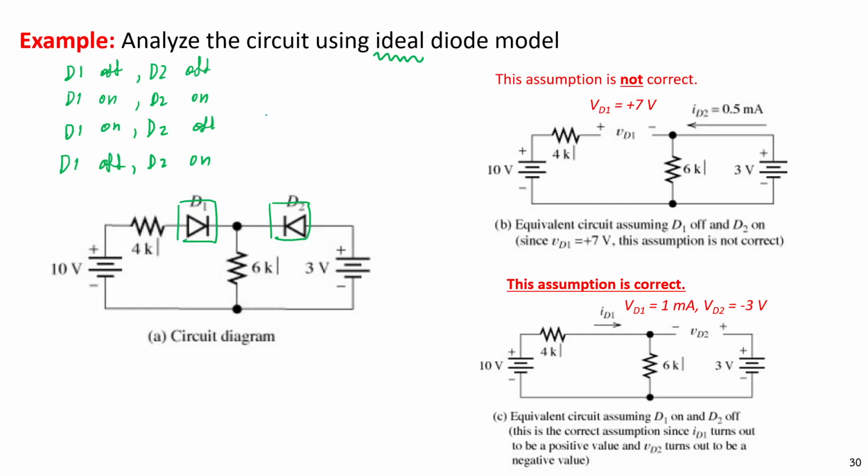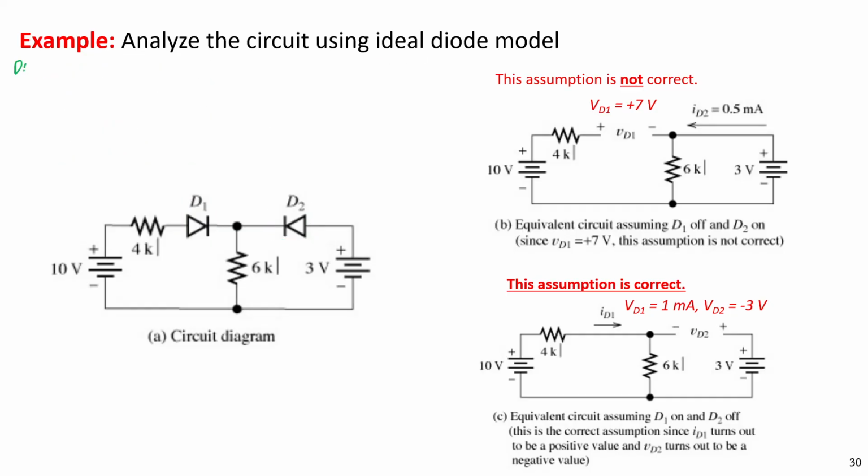D1 off and D2 off, we get this circuit, right? No current flows, so the diode blocks the current here. This is 10 volt, this is 3 volt, this is 4K, this is 6K, and this is blocked.